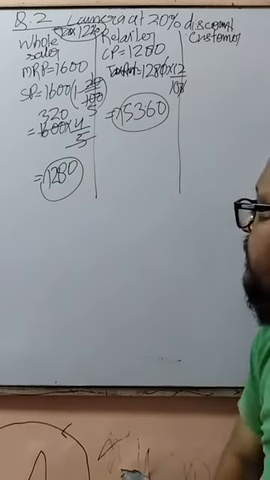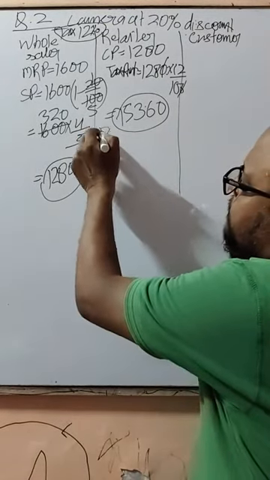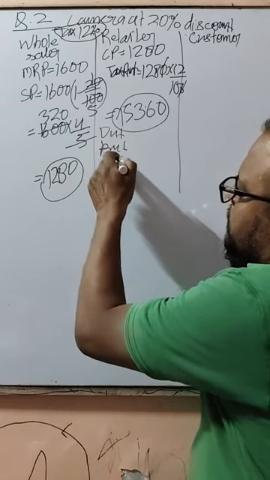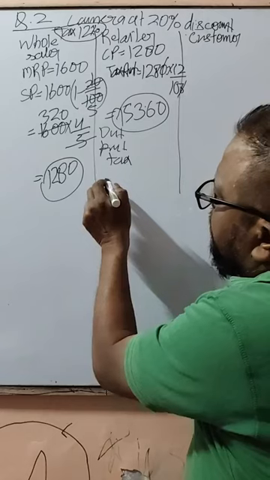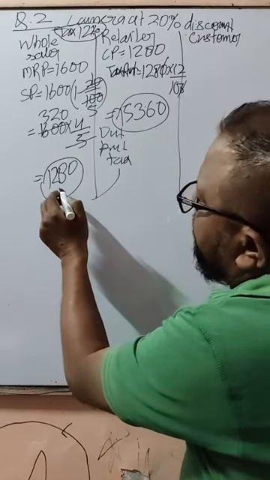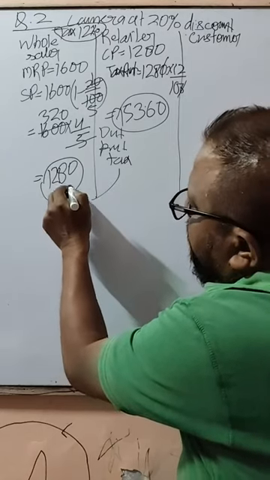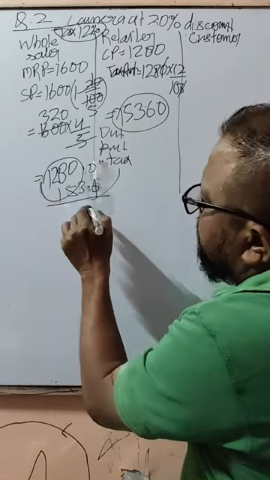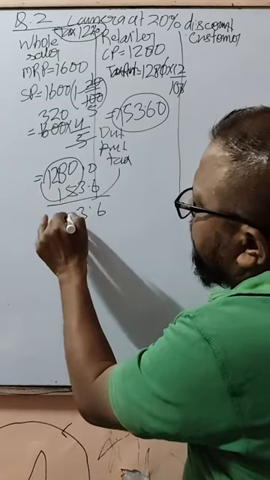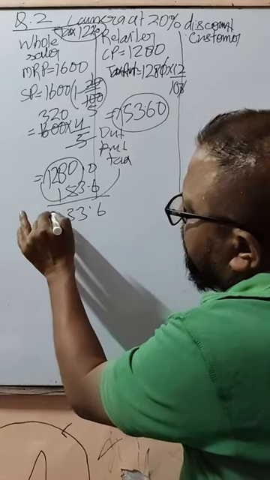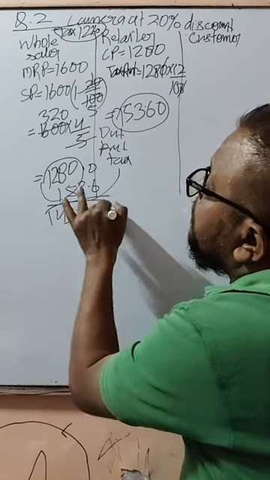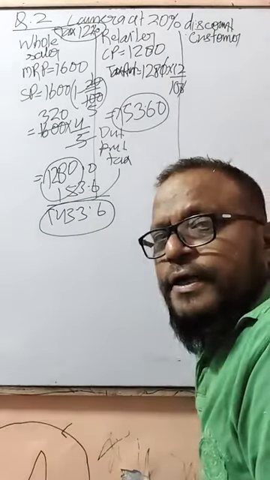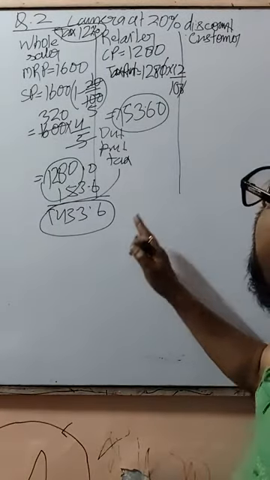He paid. This is output tax. Output tax. Then he received 153.60. So total amount paid by retailer is 1433.6, right?